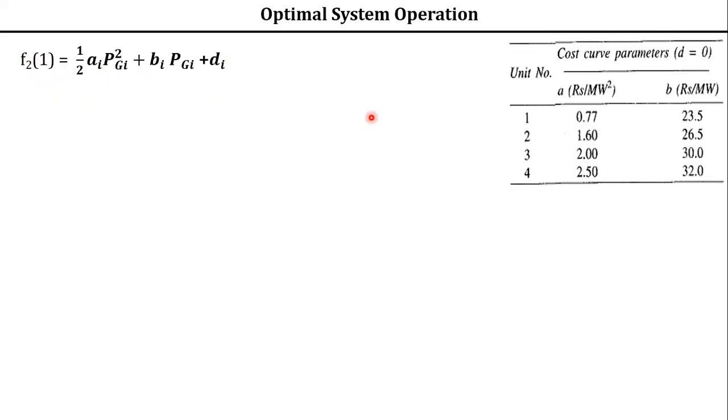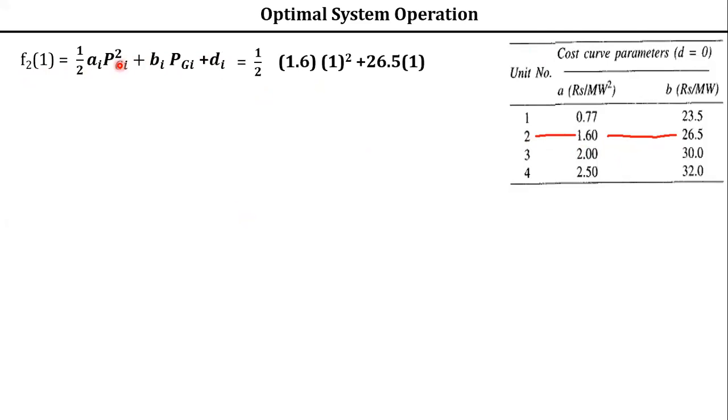So what is the unit 2 cost here? What is A? 1.6. Then what is B? It is 26.5. D is 0. Substitute those values. Please be careful while substituting. This is for unit 2. Substitute the given values of A, B and D. D is anyway 0.